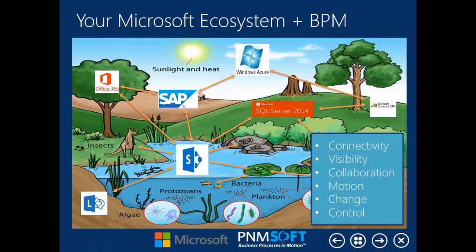You don't just have users using SharePoint who don't know anything about what's going on in CRM or ERP or SAP. More users have visibility over more. And now that there's connectivity and visibility, users can collaborate together across an organization on business critical processes. And the organization is now put in motion.